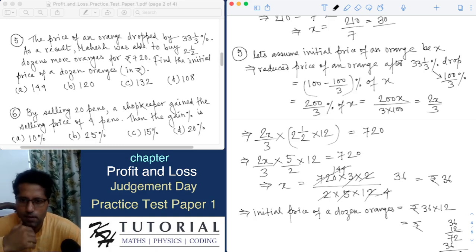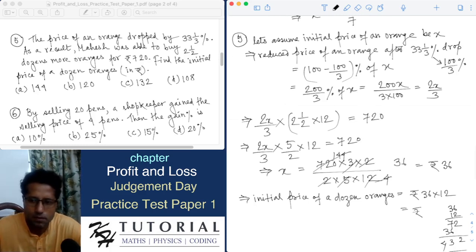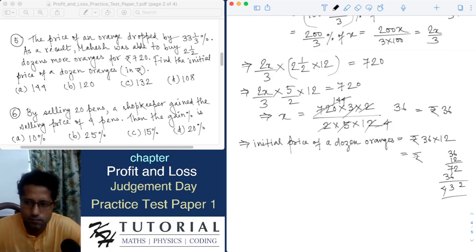It is fine. So the initial price of an orange is x. Find the initial price of a dozen oranges. It should be 36 into 12, which is coming out to be 432.